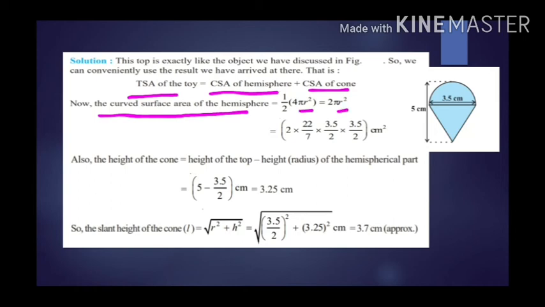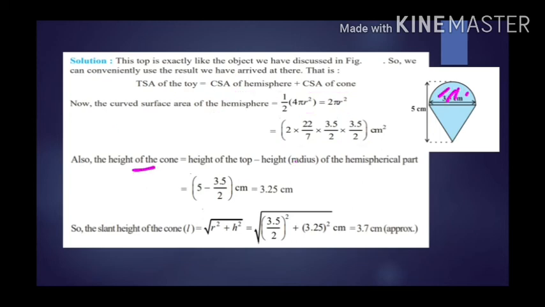This is the formula. Okay, so just put the value of r, I told you r will be 3.5 by 2. Okay, so this will be the curved surface area of hemisphere, for this portion.